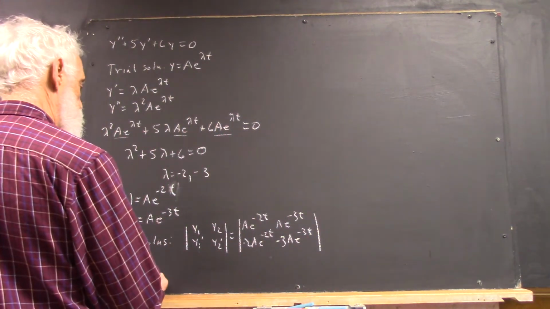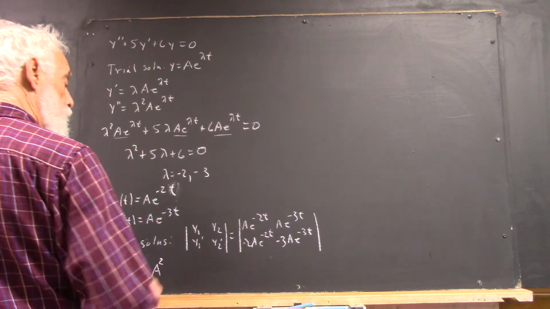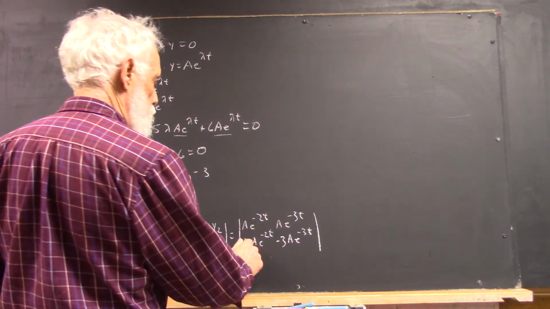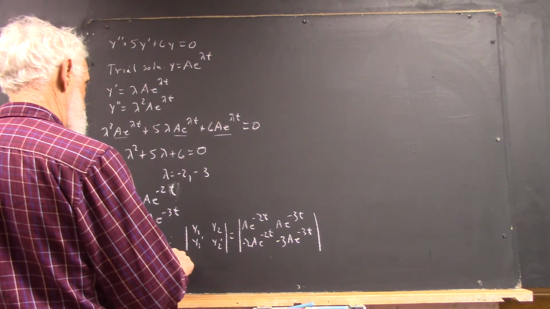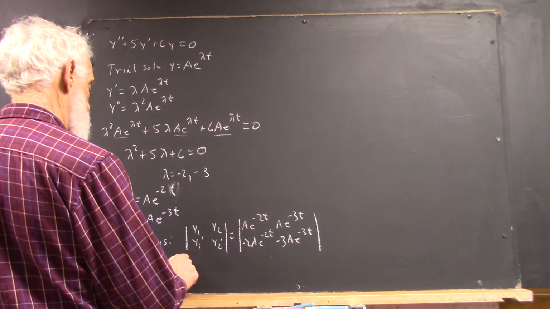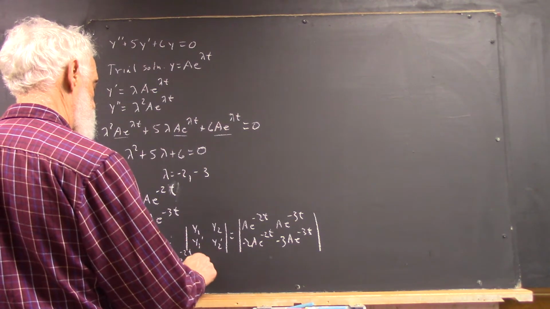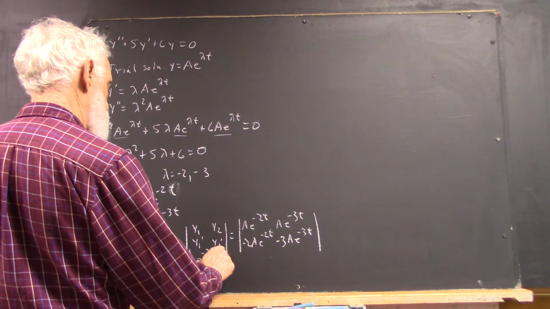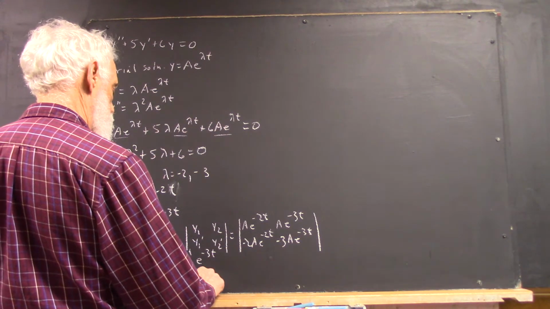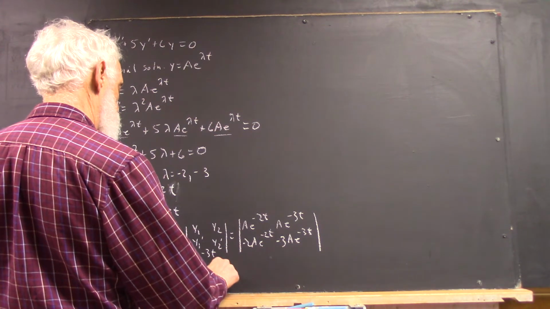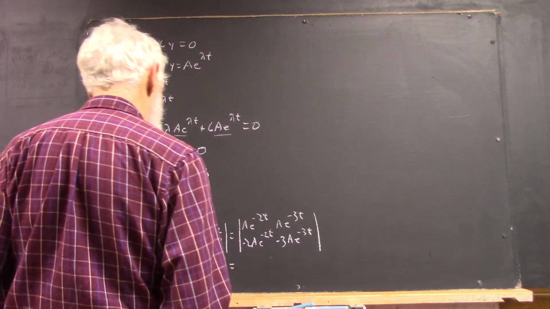And that equals, first of all, I'm going to factor out the a, and if we understand how matrices work, we're going to get an a squared here, times the determinant of e to the -2t, e to the -3t, -2e to the -2t, -3e to the -3t, and that equals what?